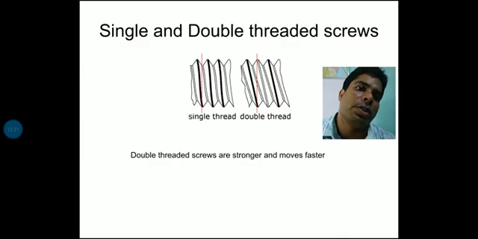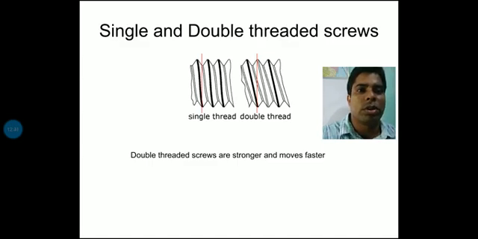But if I see the double threaded one, here there is an angle, some certain angle. That angle creates a parallel thread, and that is called double threaded.